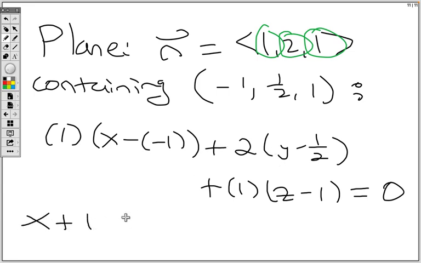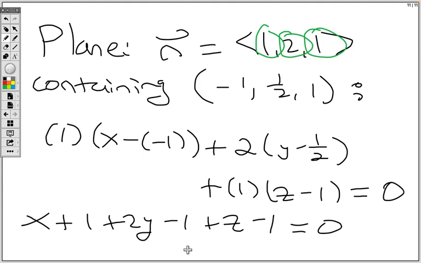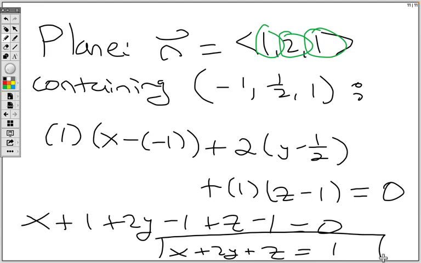So I get 1 times (x plus 1), plus 2 times (y minus 1/2), plus 1 times (z minus 1) is 0. So I get x plus 2y plus z, and I guess I can move the 1 over to the other side. There it is. Any questions on getting the equation of the tangent plane?